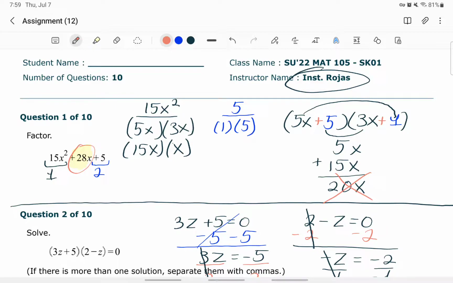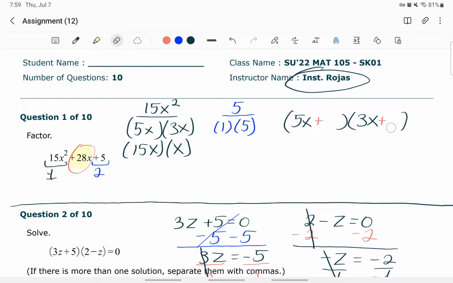So that means you're going to attempt it again. Let's erase this. Start from the beginning. I'm going to switch the order of my numbers. So I'm going to put my 1 here and my 5 here this time and try again.